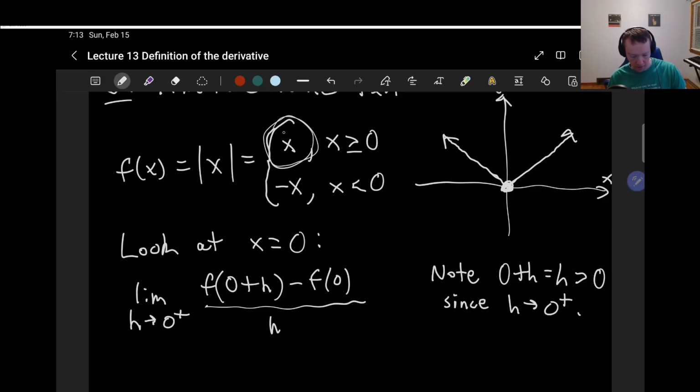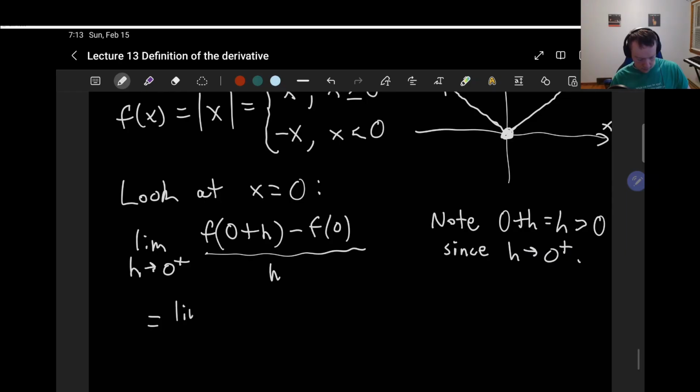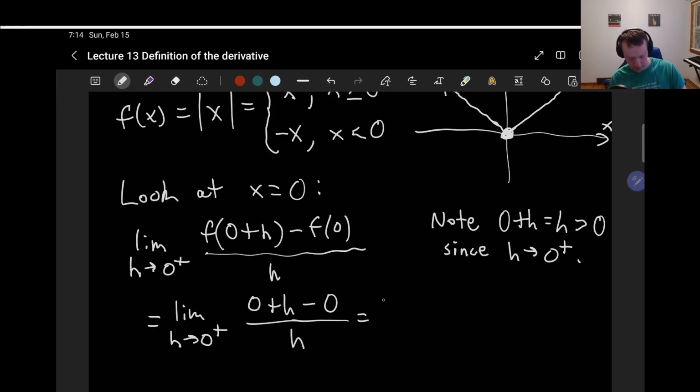So that has a big effect on this limit. We're plugging in a positive number, so we just use the identity function. Plugging in 0 plus h, we just get 0 plus h back because it's positive. And f of 0 is 0. So h over h, 1.